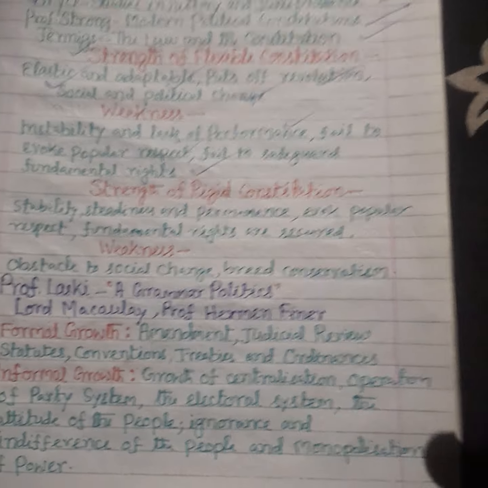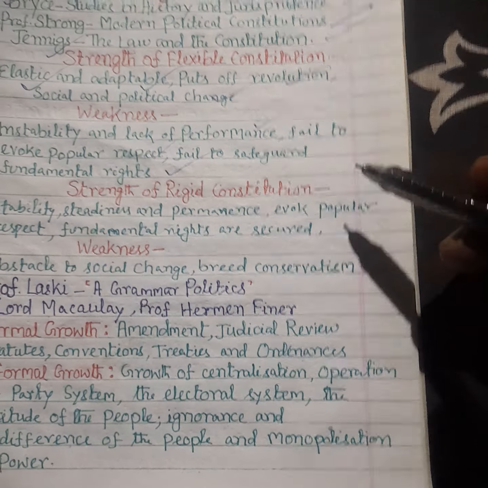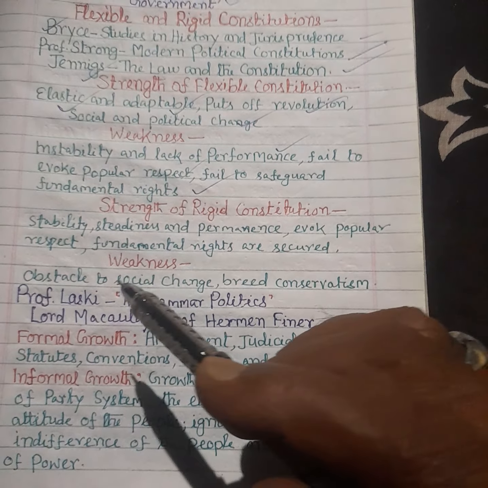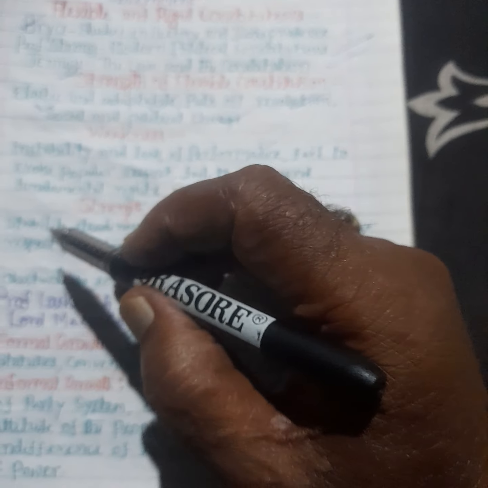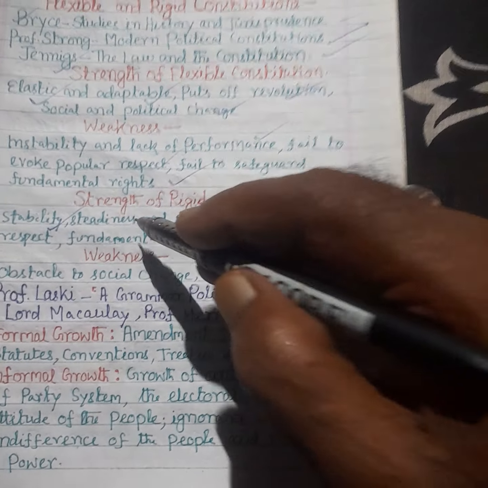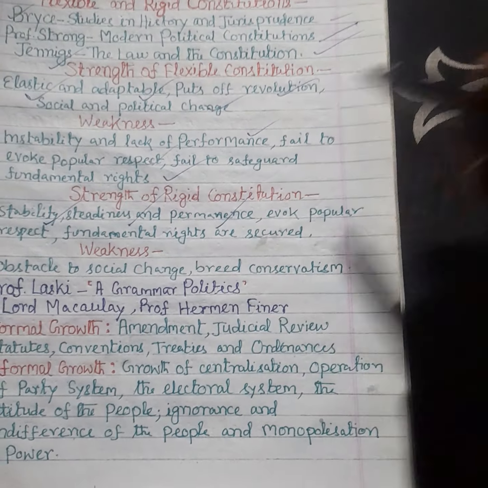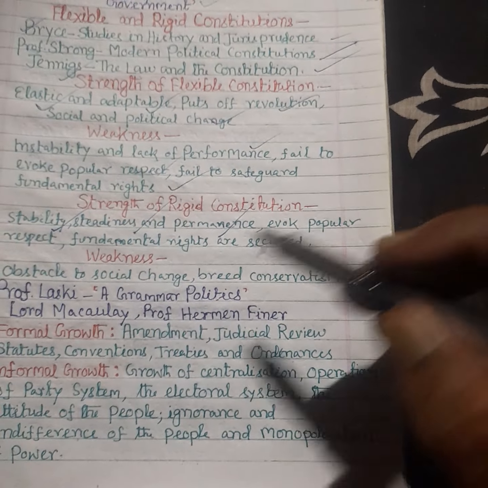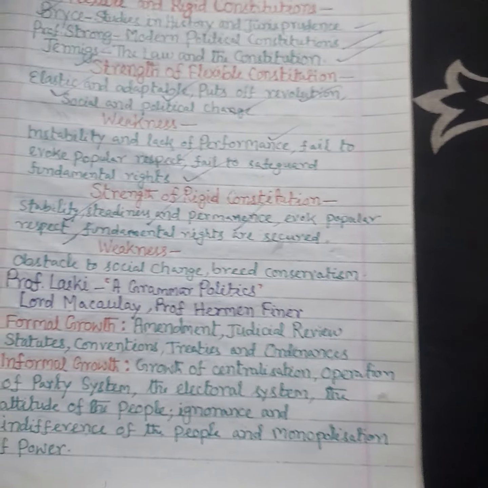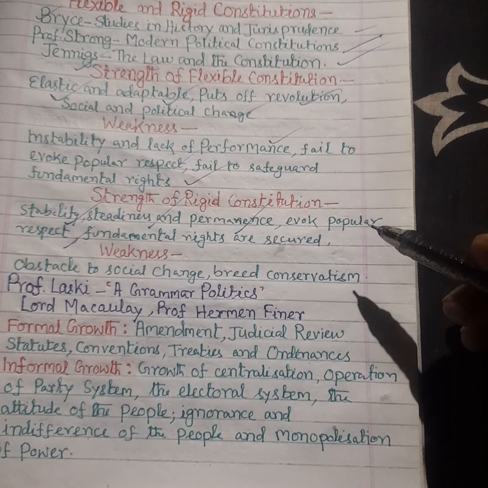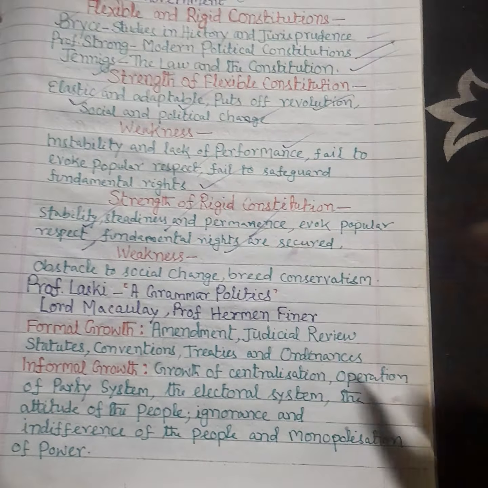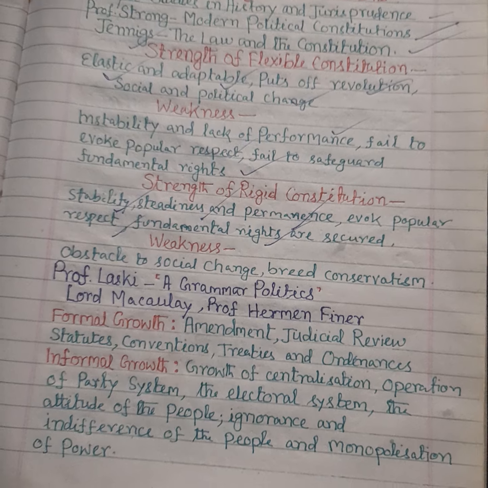Now we'll discuss the strengths of the rigid constitution. A rigid constitution has stability, steadiness, and permanence. It evokes popular respect for the constitution, and it secures the fundamental rights of the citizens.